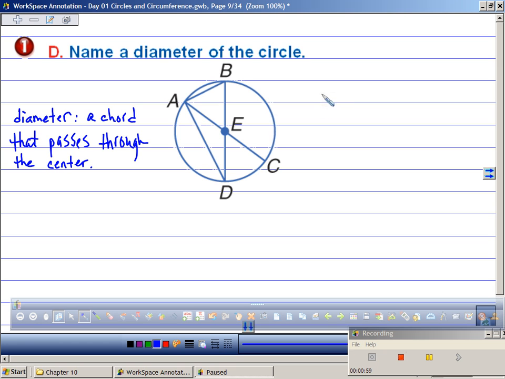So just like Jordan said, AC and BD are both diameters.